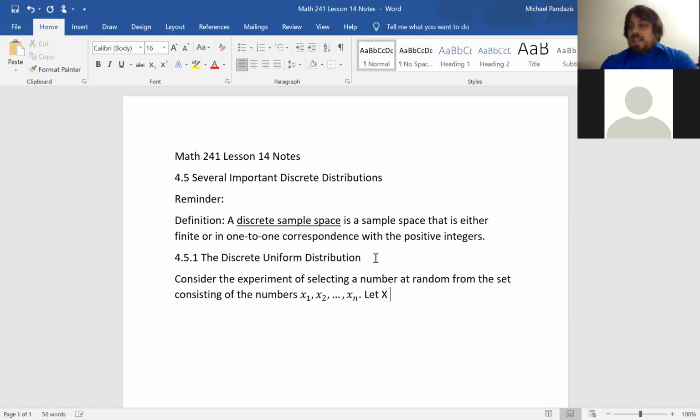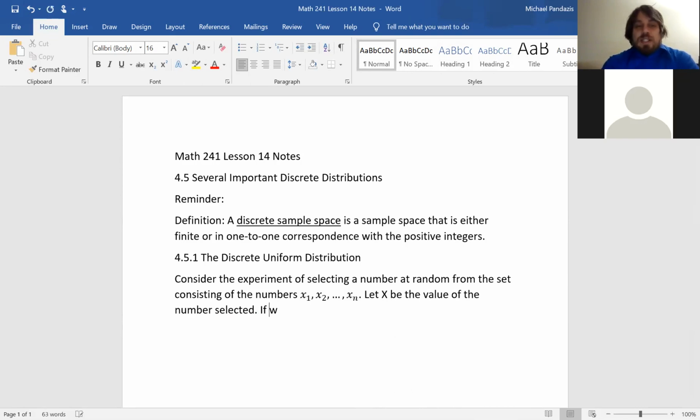Okay, let x be the value of the number selected. Okay, so mathematicians love using variables. So we're not going to talk about numbers, we're going to talk about variables. The experiment is selecting a number at random from the set x1 to xn. Capital X is the value of the number selected.